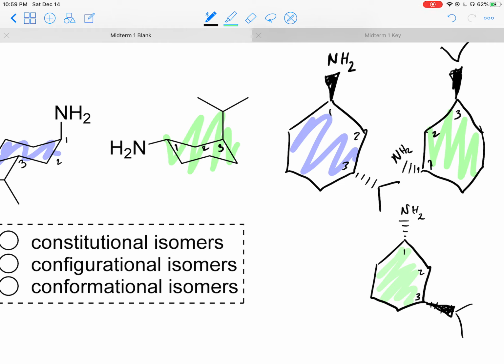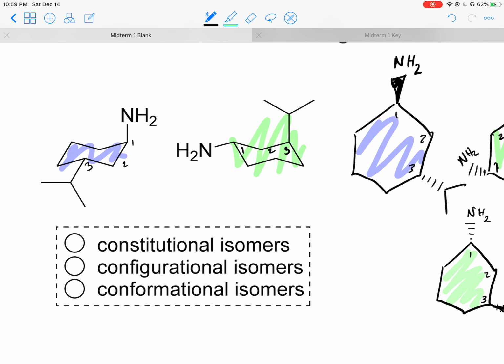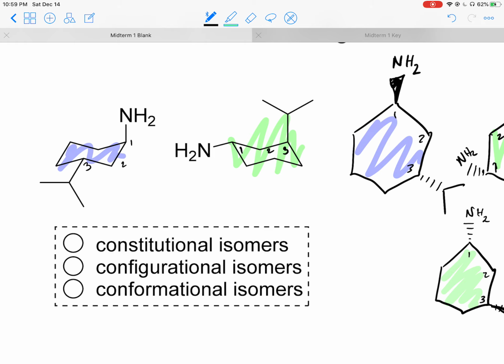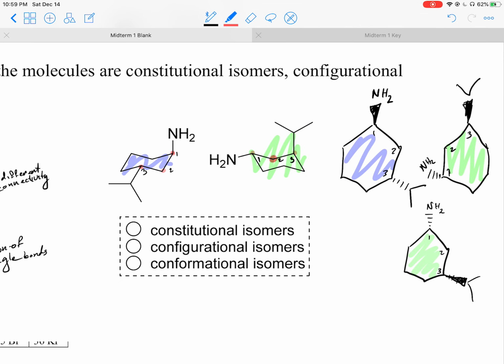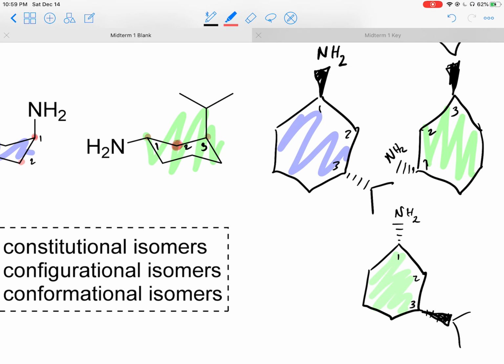They're not constitutional isomers, because either way there's one carbon between the NH2 carbon and the isopropyl carbon in both of these. They'd have to have different connectivity, with different atoms connected to different things, and that's not true. If the isopropyl was over here, that would be a constitutional isomer.